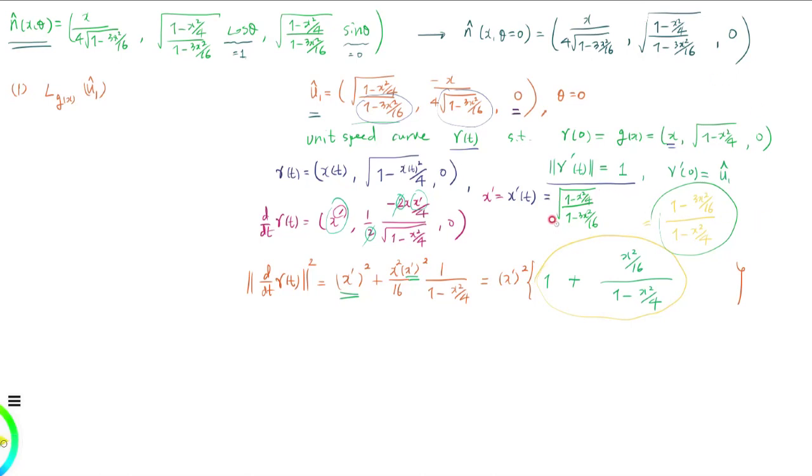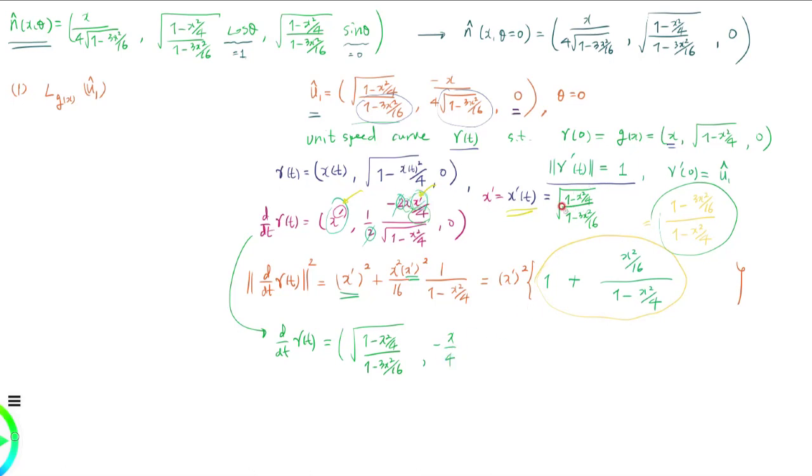And then you can see that by plugging this x prime value into those two, you will have the t derivative of this unit speed curve: square root of 1 minus x squared over 4 over 1 minus 3x squared over 16, comma, minus x over 4.